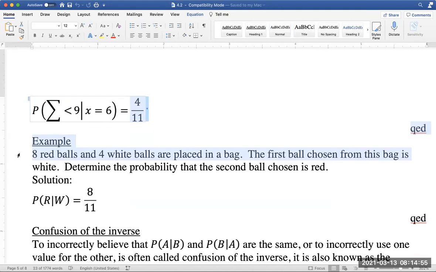8 red balls. Oh, let's see here, wait. I probably have section 4.2, right? One second. Let's see. I probably at least have a picture of the ball.